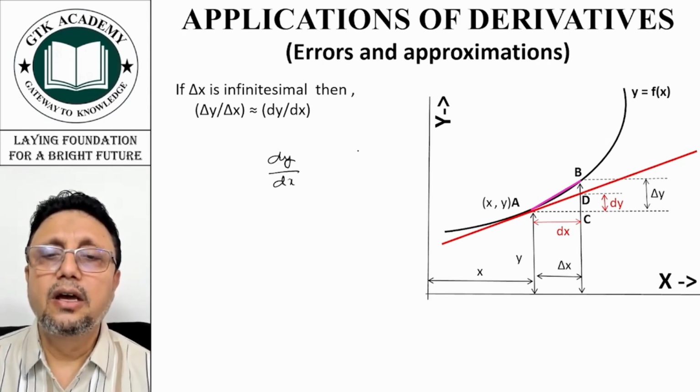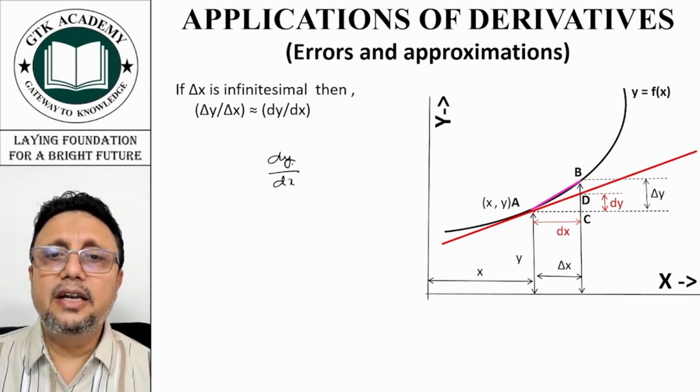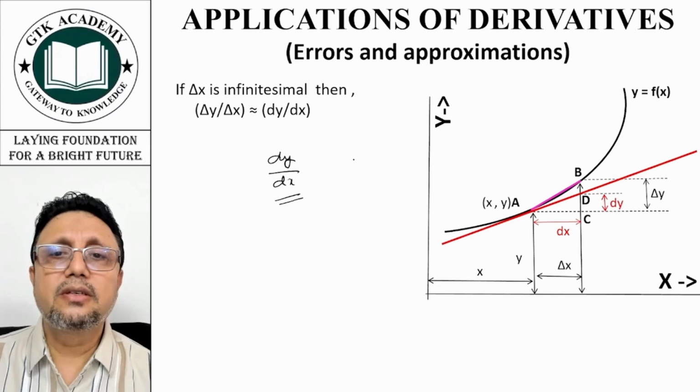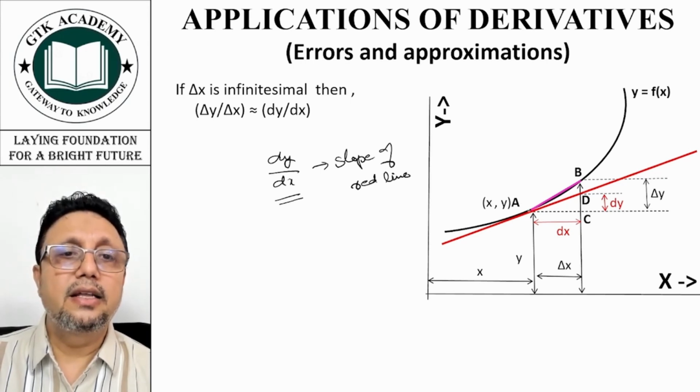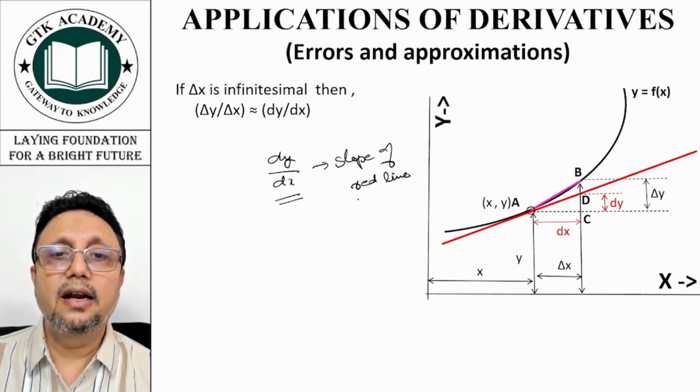You can appreciate this. Now what is dy upon dx? Dy upon dx is the slope of a red line that is tangent at A. Red line is tangent at A.